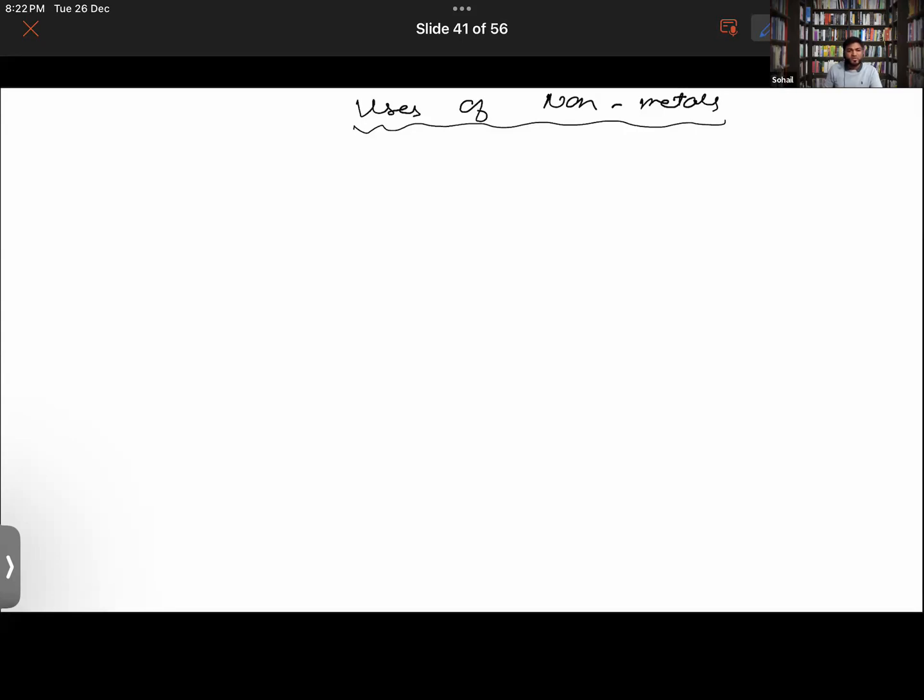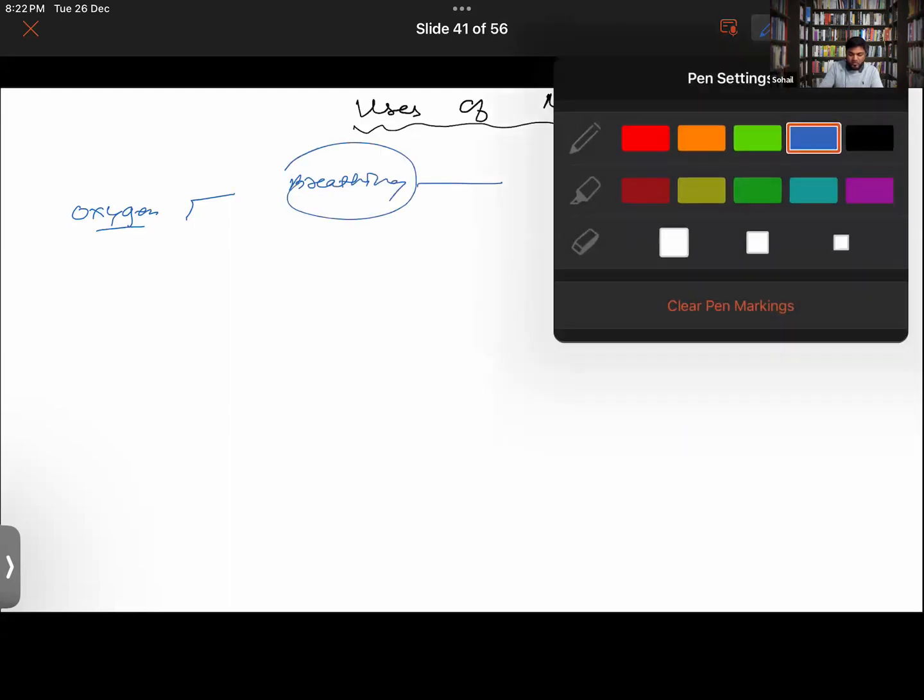So oxygen is a non-metal which is used by both plants and animals to carry out respiration in their body. Getting it now? So oxygen हमारे लिए बहुत ही essential है. Also, you won't be able to light fire if there is no oxygen. So this is basically used for breathing, and breathing का basically goal क्या होता है हमारे body में?